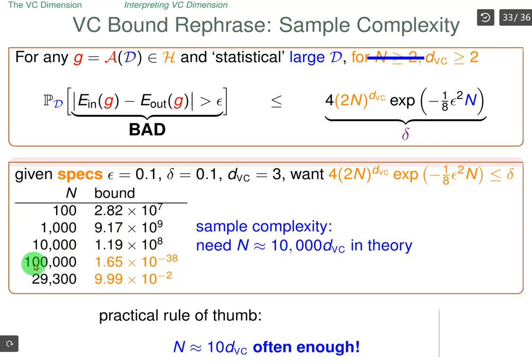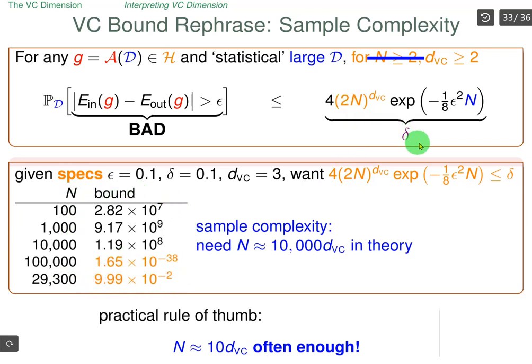When we have 100,000 examples for a hypothesis with a VC dimension of 3, and this is our tolerance rate, then we will have a very small number. While the expected one that we wanted is achieved with 29,300 examples.